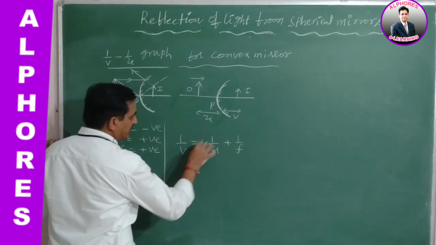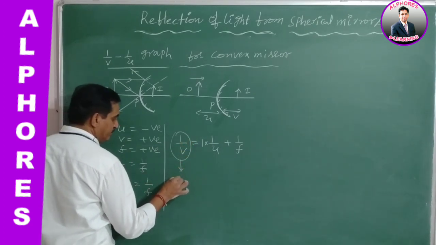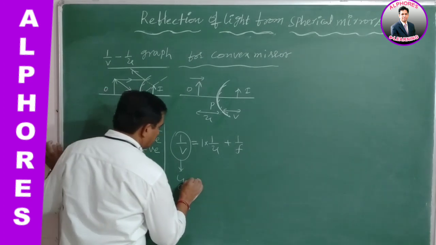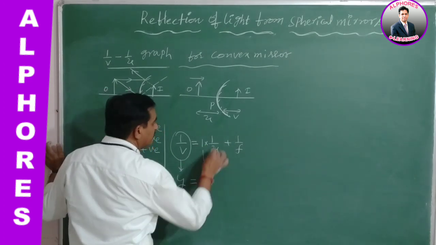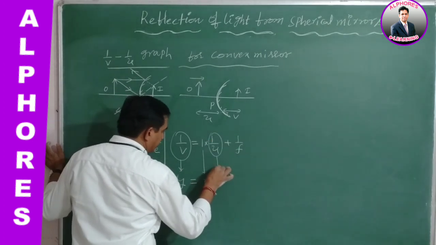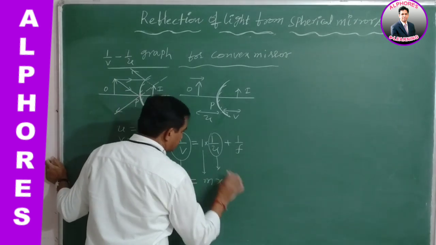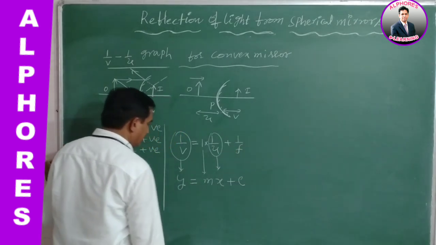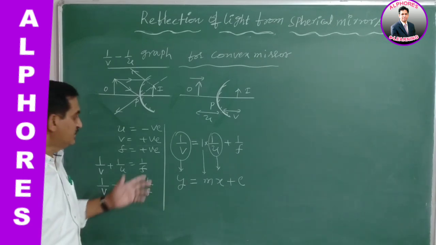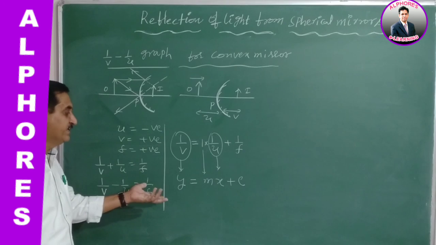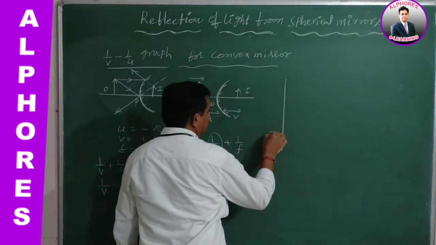Taking 1/v on the y-axis, the slope m is 1, and this is taken on the x-axis, 1/u. 1/f is a constant C. So this is similar to y equals mx plus C. Its nature is a linear graph.